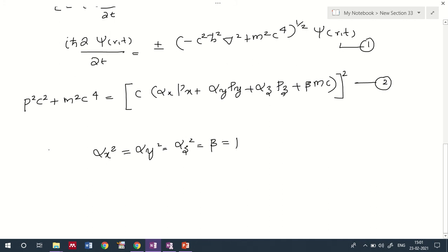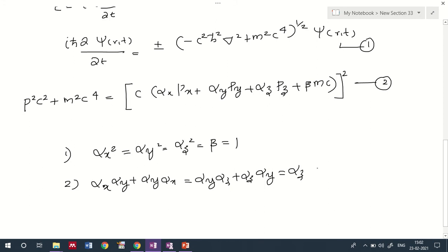So this is one of the properties. The second property is alpha x alpha y plus alpha y alpha x, which is equal to alpha y alpha z plus alpha z alpha y, which is equal to alpha z alpha x plus alpha x alpha z, is equal to 0. That means alpha x, y and z follow the anti-commutating property.